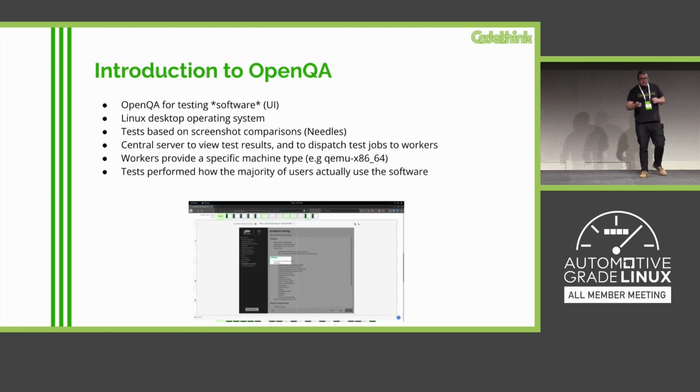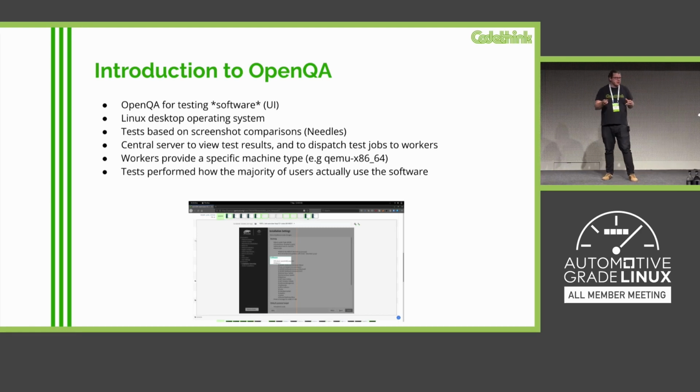Okay, introduction to OpenQA. Some people may know what this is already. It's a pretty well-established testing framework. It was developed by SUSE, for OpenSUSE. So it's designed for testing Linux distros, desktop environments, and it does that in a combination of screenshots and click and assert and timeout values.